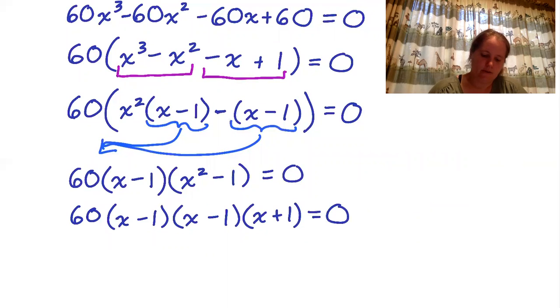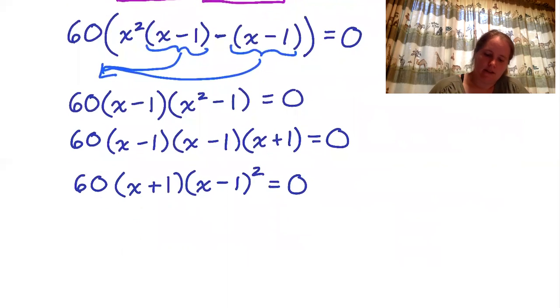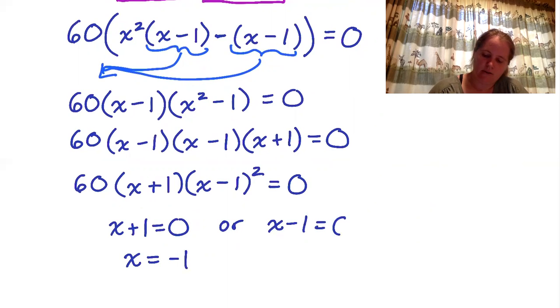All of this equal to 0. So we have 60 times x plus 1 times x minus 1 squared equals 0. And so this can happen either x plus 1 equals 0, and so we get x equals negative 1, or x minus 1 equals 0, and therefore x equals positive 1.